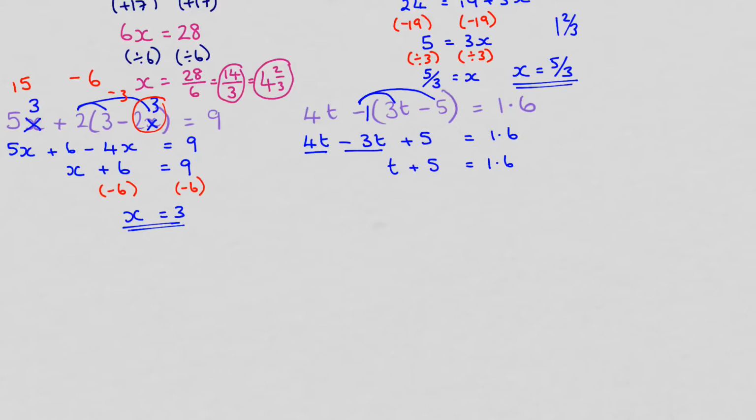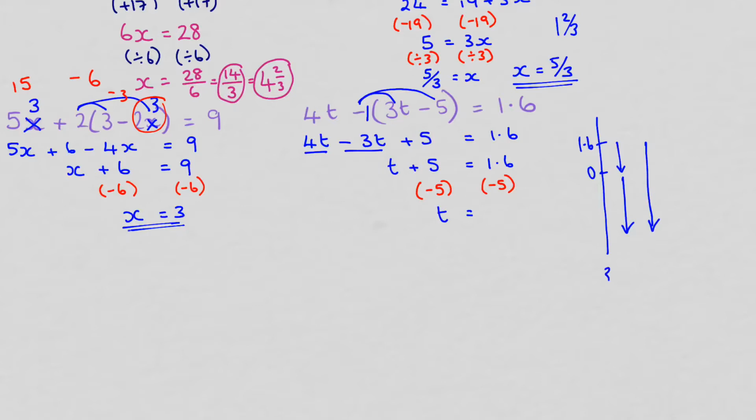So now we take away 5 from both sides to leave us with t equals... Now, what's 1.6 take away 5? If this was not a calculator paper, you'd have to work out how to do that. So if you think about your number line, 0's here, 1.6 is there, and we have to take away 5. So by the time we get down to 0, we've already gone down 1.6. So the rest of it is the difference in between 5 and 1.6.